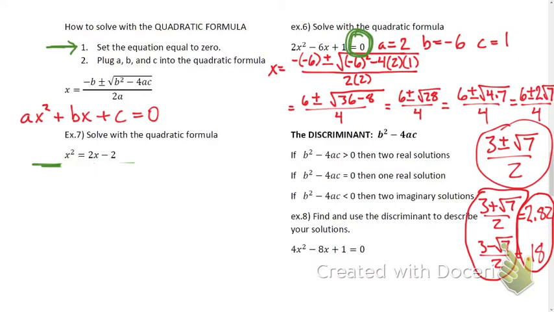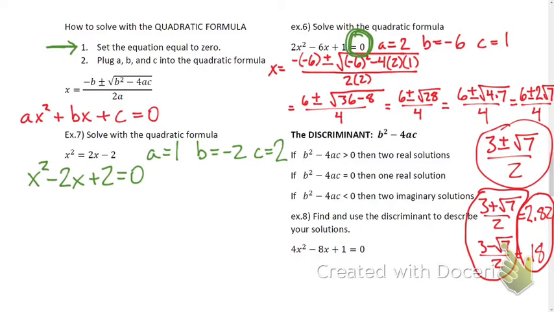So I'm going to move everything to the left side. So I'm going to rewrite it as x squared minus 2x plus 2 equals 0. And now I know a is 1. B is negative 2, and C is 2. And I can plug into the quadratic formula.